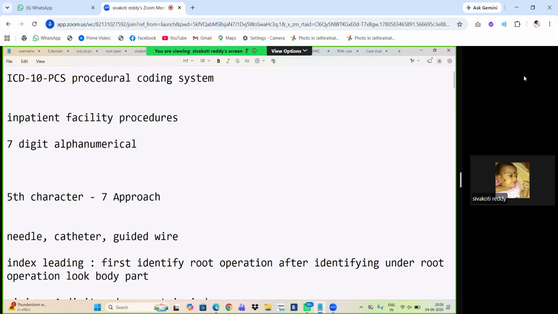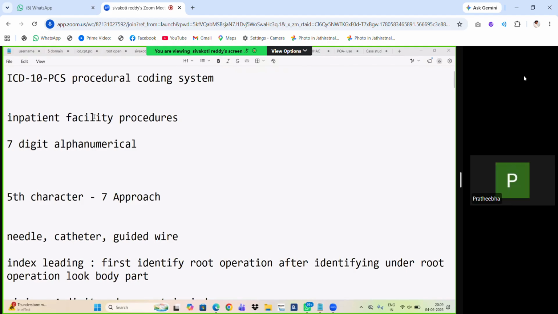Inpatient means those who are admitted in the hospital. Outpatient means less than 24 hours. That patient also is admitted in the hospital, right?